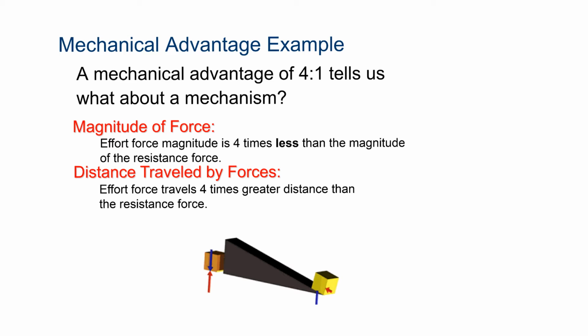All right. So a mechanical advantage of 4-to-1 tells us that the effort force is 4 times less than the resistance force. So with a mechanical advantage of 4-to-1, you can push something 4 times heavier than the force you apply. Does that make sense to everybody? But the distance traveled is going to be 4 times greater.